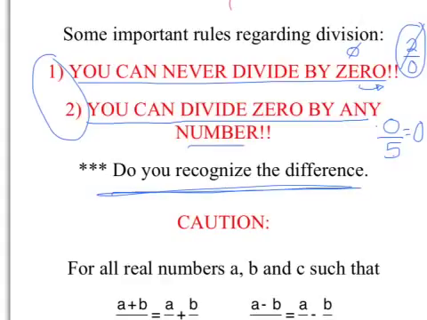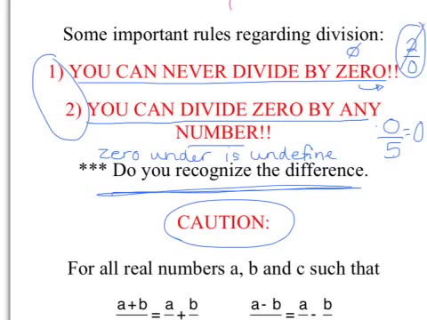So 0 in the denominator, I always say 0 under, meaning under that fraction bar, 0 under is undefined, doesn't exist, okay? All right, now we have a caution. That's our big caution, but we have another caution.